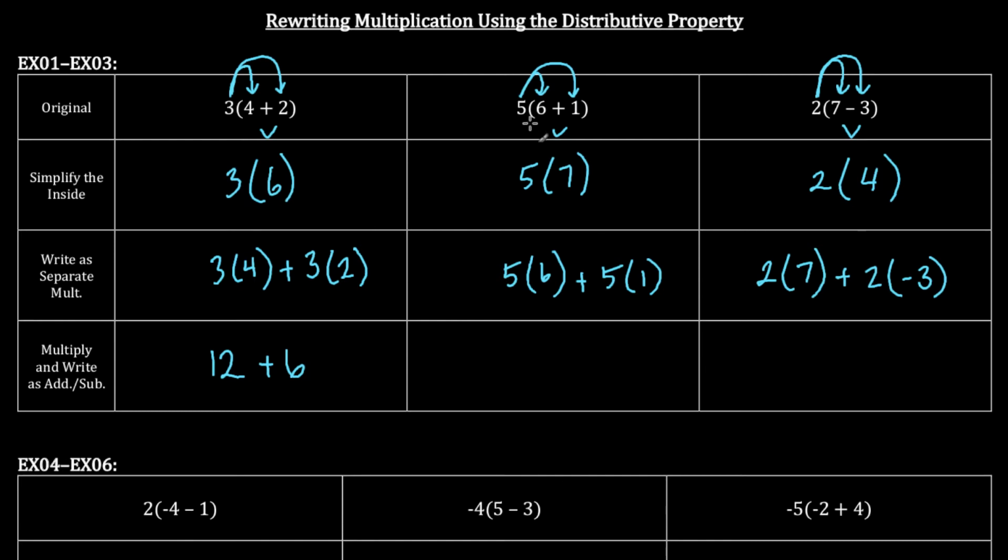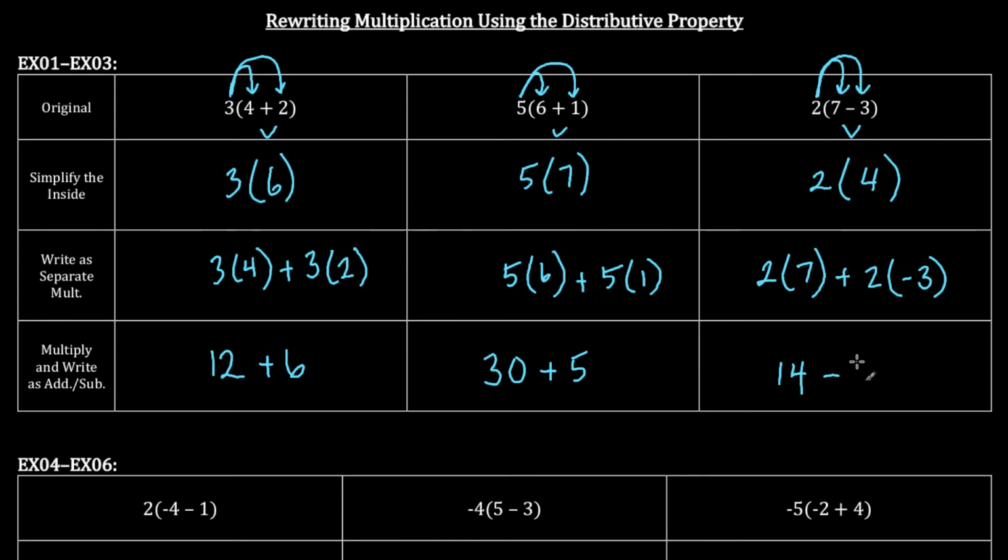Instead of writing 5 times (6 plus 1), you could have written 5 times 6, which is 30, plus 5 times 1, which is 5. On this next one, instead of writing 2 times (7 minus 3), you could have just written 2 times 7, which is 14, minus 2 times 3, which is 6.